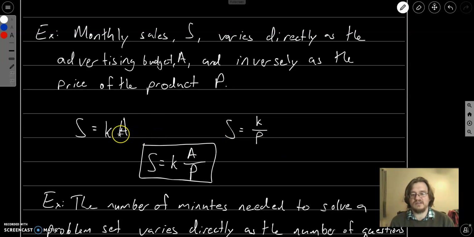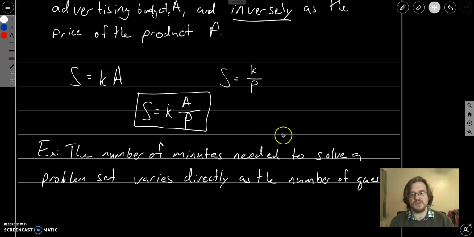Roughly, the way that I approach this is whenever something varies directly, we want to put it on top of the fraction, and when something varies inversely, it's going to be on the bottom of the fraction. And this will hold true no matter the situation.